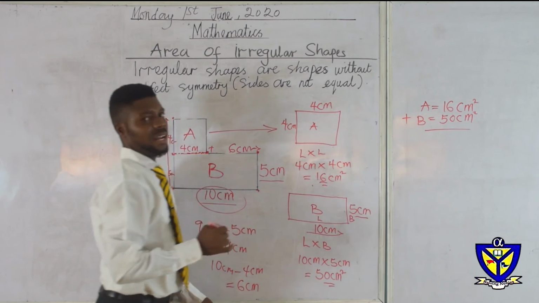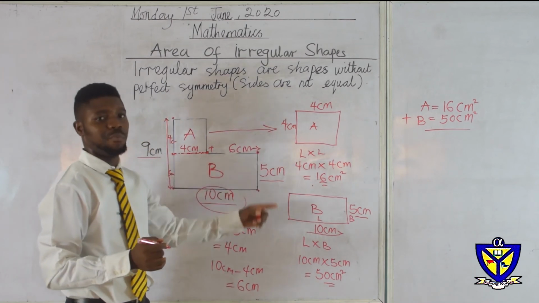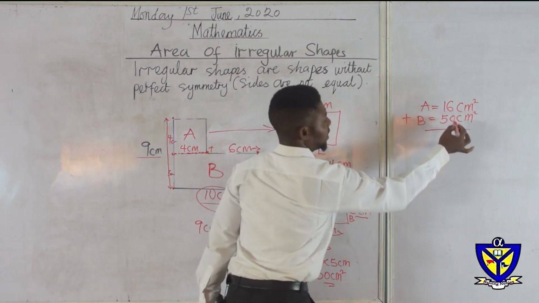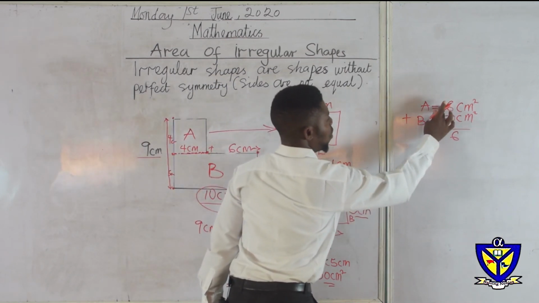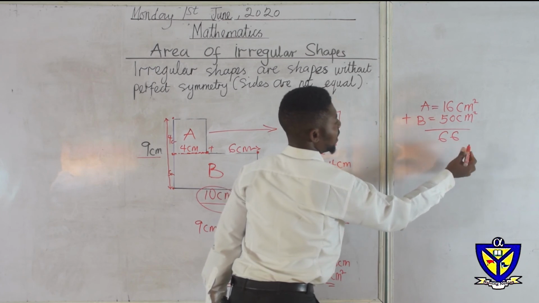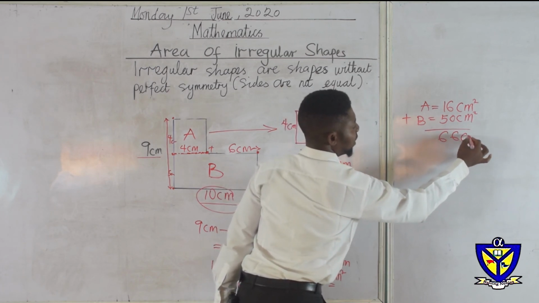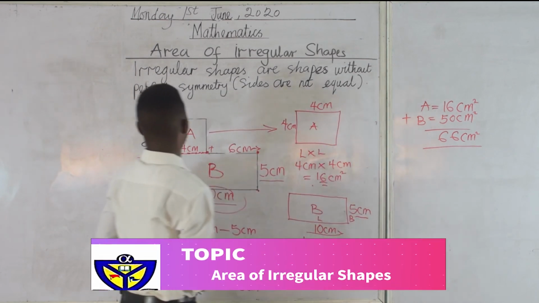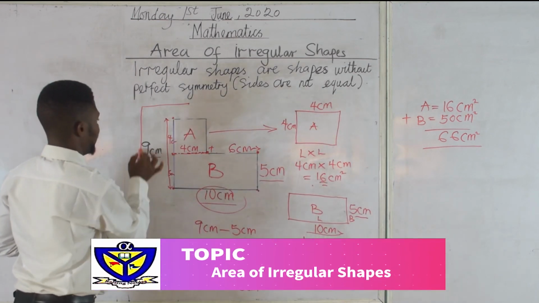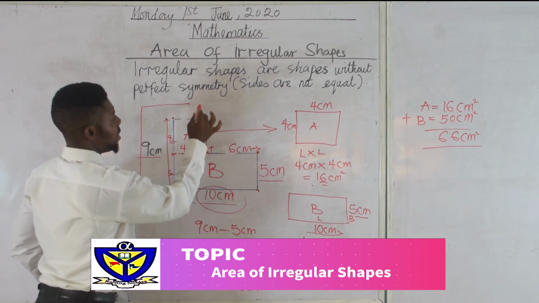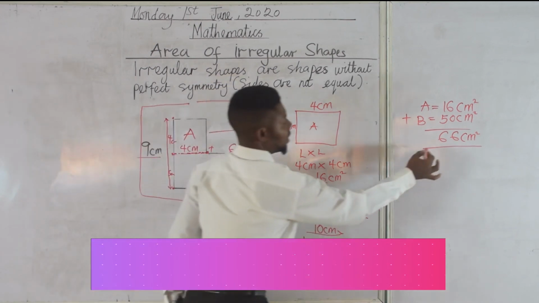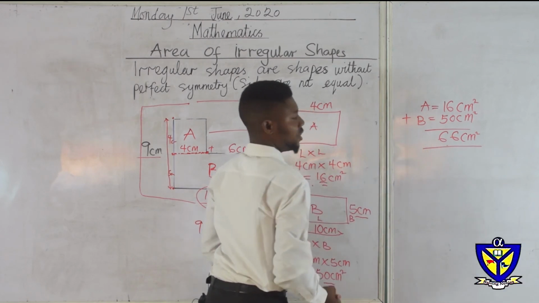Remember I said after you solve the shape A and B, you sum the two together. 6 plus 0 is 6, and the 1 plus 5 is 6. And you bring down the centimeters square. So the area of this irregular shape here is 66 centimeters square.